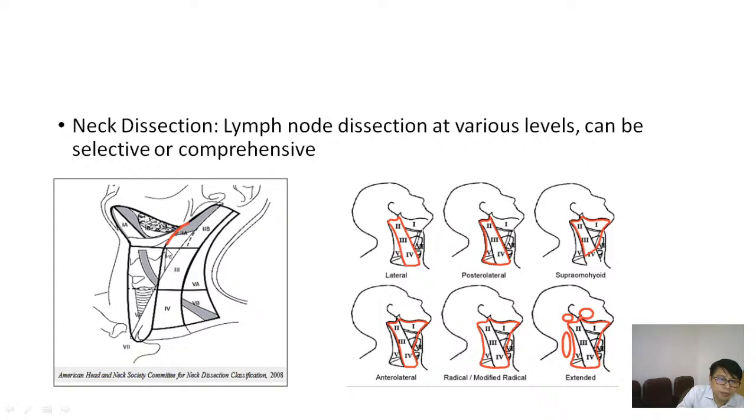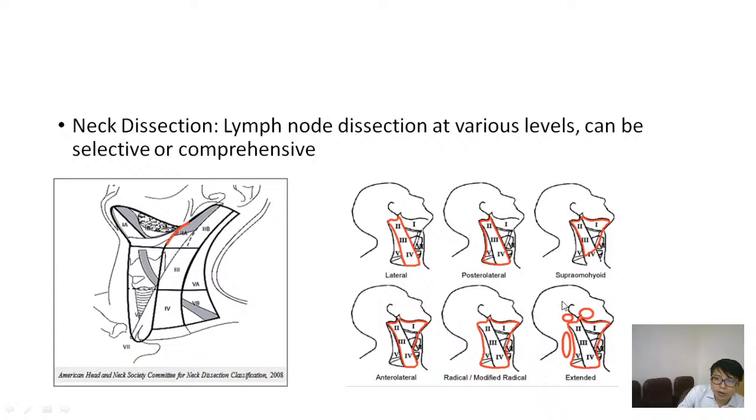So depending upon the hyoid and cricoid, above the hyoid is 2, between the hyoid and cricoid is 3, and cricoid and clavicle is 4, and behind the posterior border of the sternomastoid is level 5. So there are different levels of dissection.